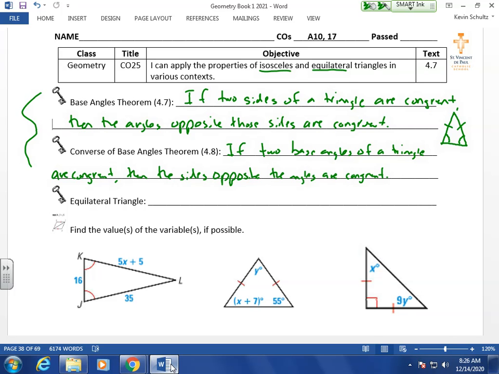Okay, so the converse is just kind of the opposite of our if-then statement. If two base angles of a triangle are congruent, then the sides opposite the angles are congruent.